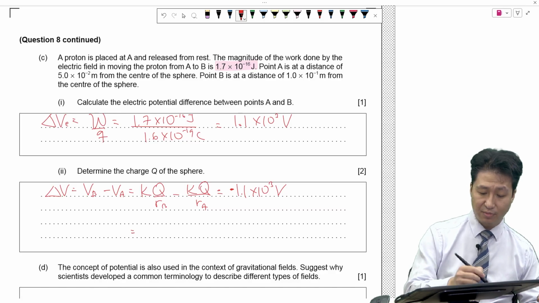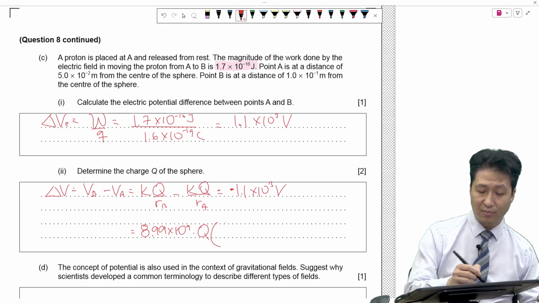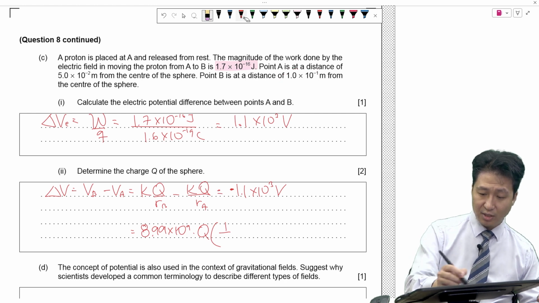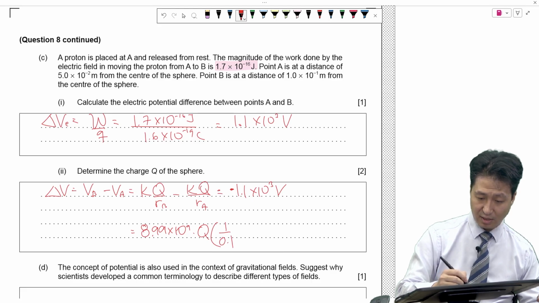Now you just have to input the numbers. We will factor out the Coulomb constant, which is 8.99 times 10 to the power of 9, times the charge Q. And we factored out both of the K and Q. 1 divided by the distance to B. Let's just simplify this without the powers of 10, so it should be 0.1. It's a lot easier to write.